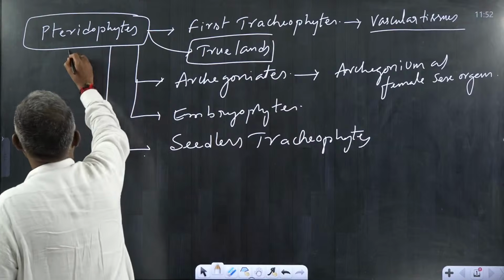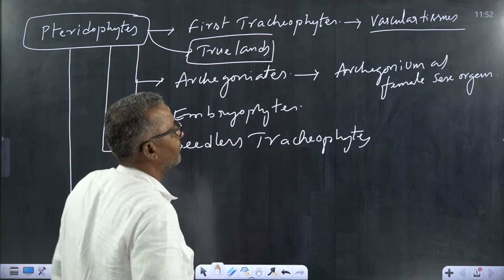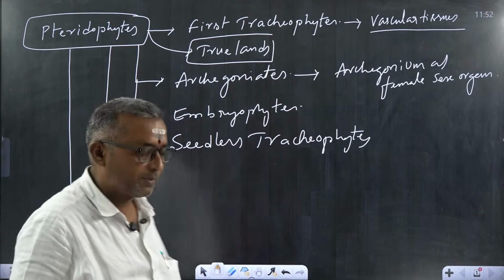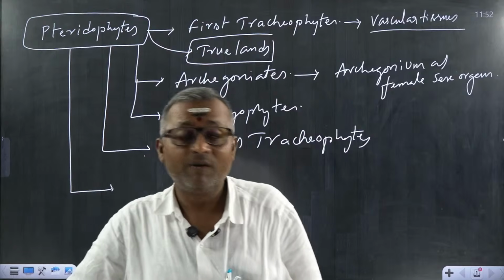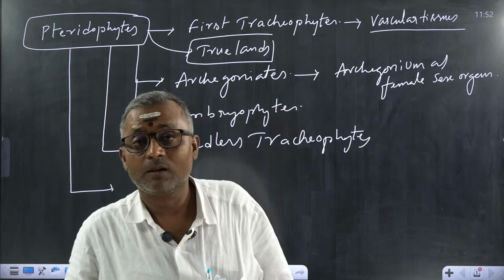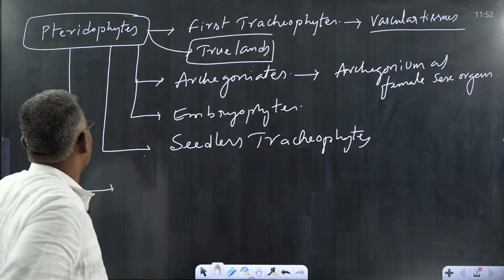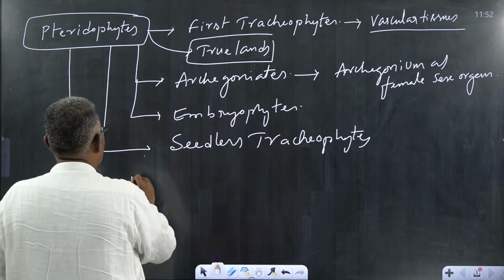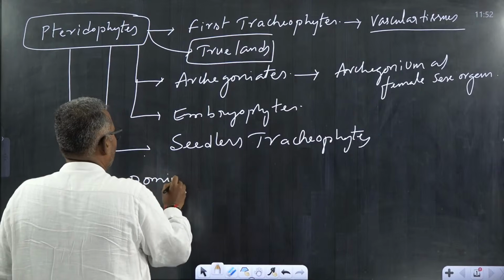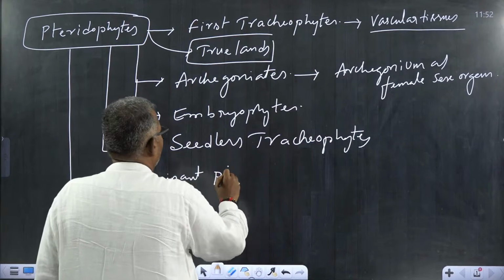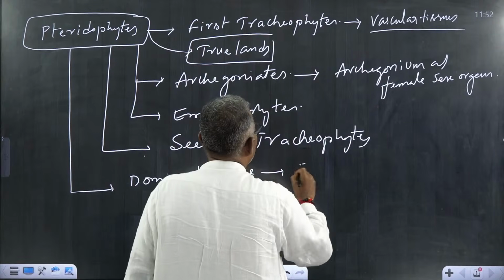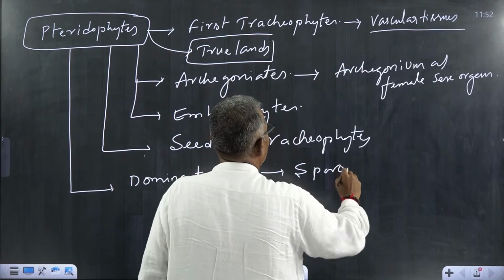And the most important thing, in bryophytes, what is the dominant phase? It is the gametophyte, right? Whereas in pteridophytes, unlike bryophytes, the dominant phase is the sporophyte.